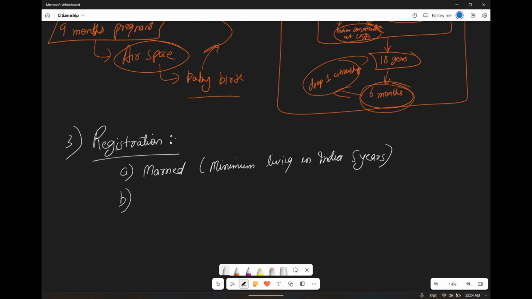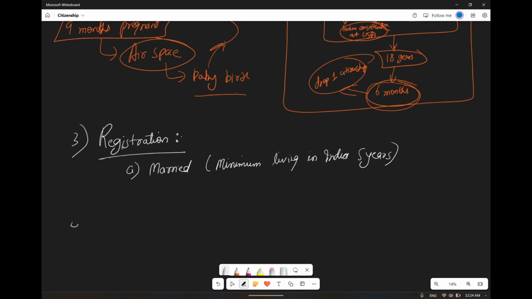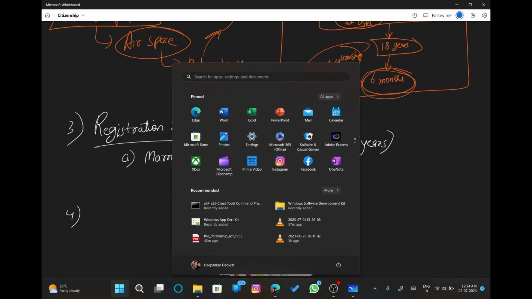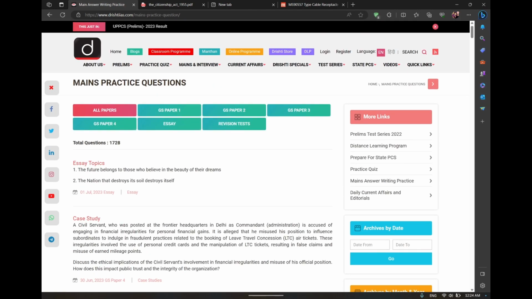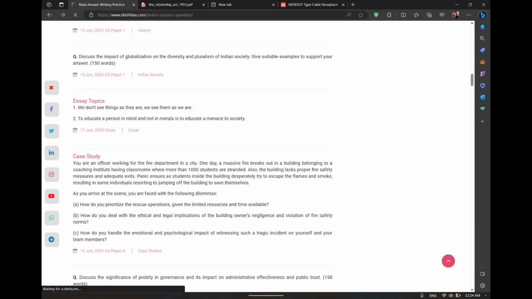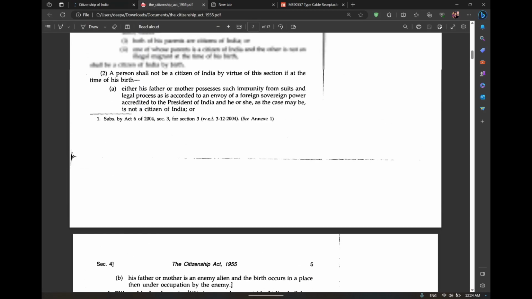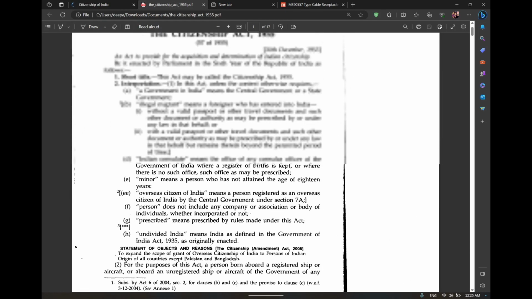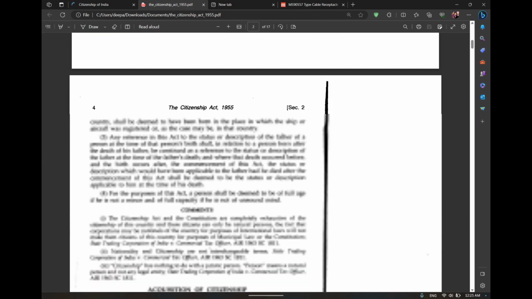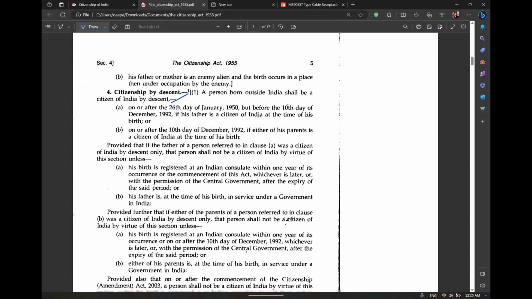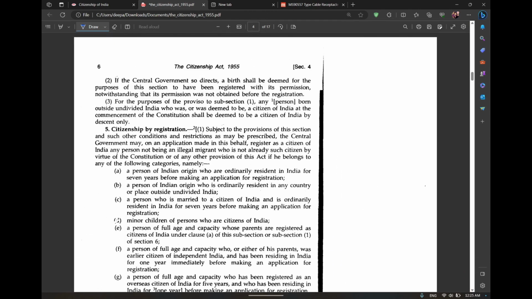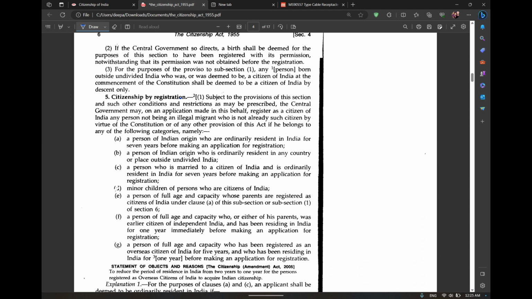Now, with respect to the points that differ in Drishti IAS, I have the citizenship list given by the government: citizenship by birth, citizenship by descent, and now citizenship by registration.